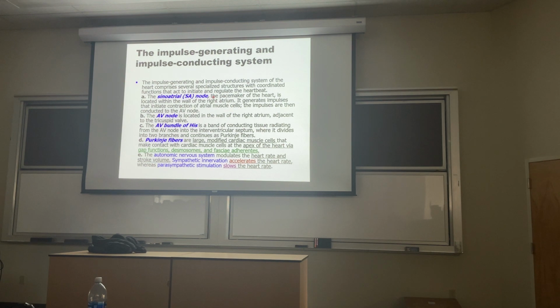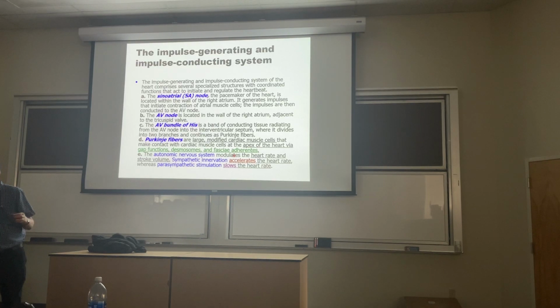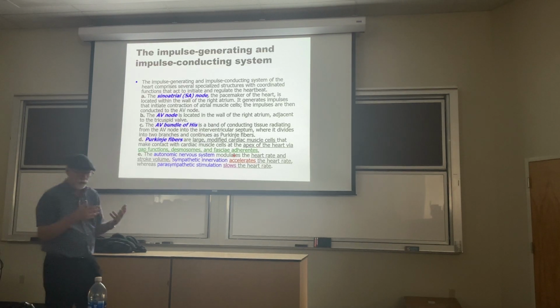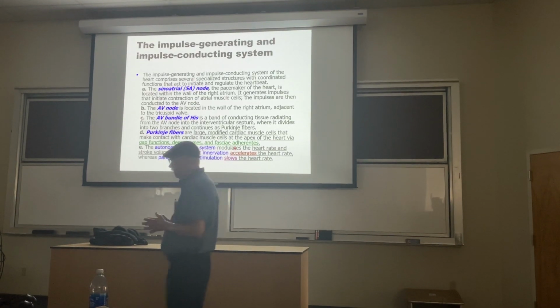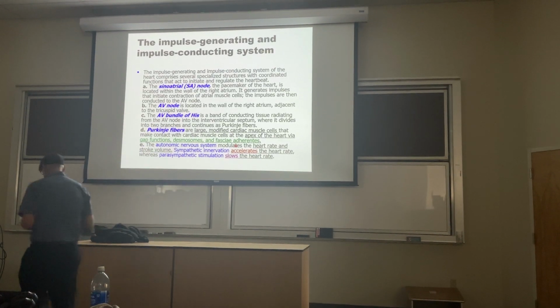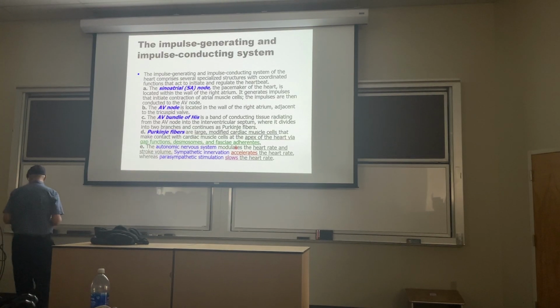We can increase the heart rate using the sympathetic autonomic nervous system. This is coming from the cardiac center in the medulla oblongata. We can also reduce the heart rate using the parasympathetic system from the cardiac center in the medulla oblongata as well.